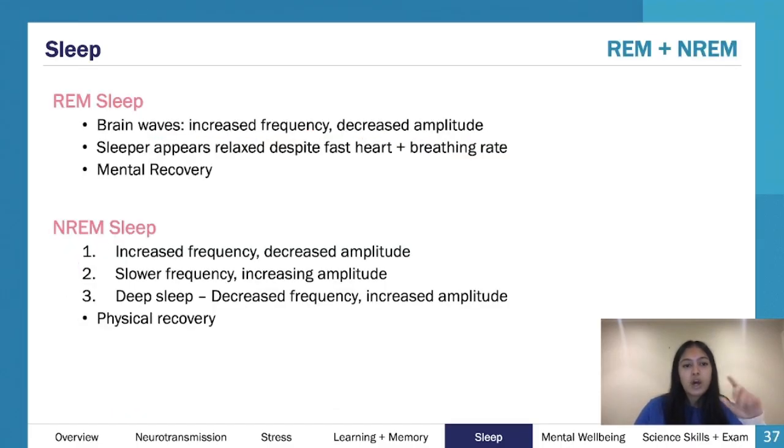Okay, in terms of your REM and your NREM, you've got your REM sleep, which you associate a little bit more with higher brain activity. You don't need to know specific alpha, theta, beta, delta, those things. You just need to understand general brain activity in terms of an increased or decreased frequency, as in the speed at which they occur, or an increased or decreased amplitude, so the height of the waves.